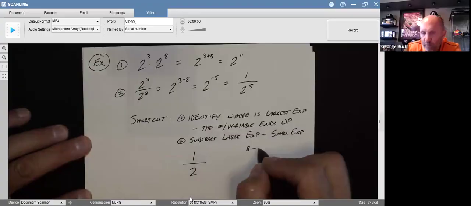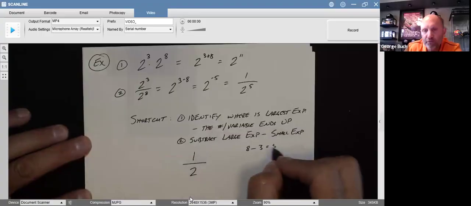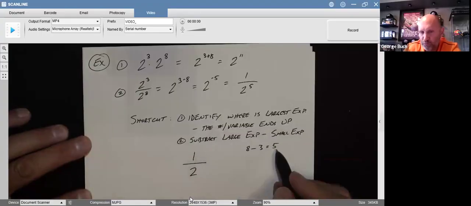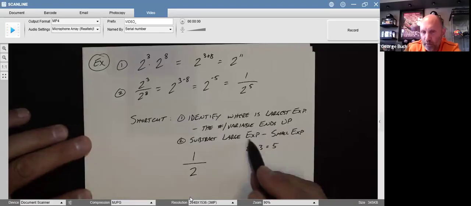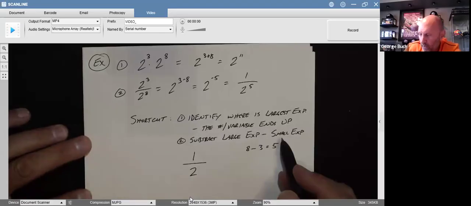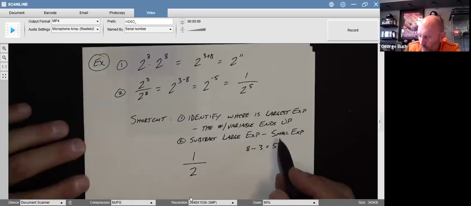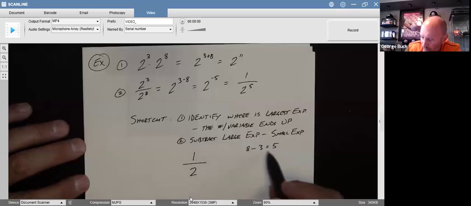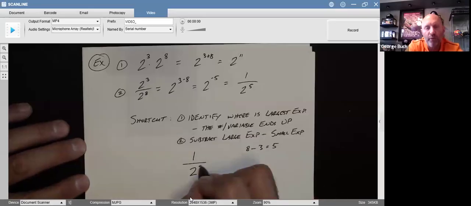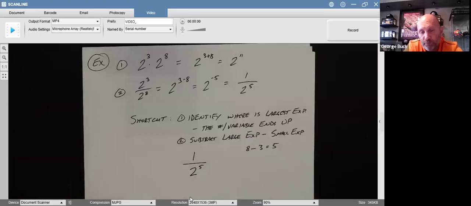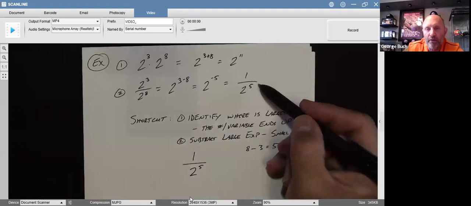This will always end up positive. If you get a negative number here, then you're not subtracting large minus small, and then you have an error in what you're doing. When you do large minus small, this always better end up positive. It's 5. So that means the exponent then becomes the 5th power. So 1 over 2 to the 5th, which is the same answer we got up here.